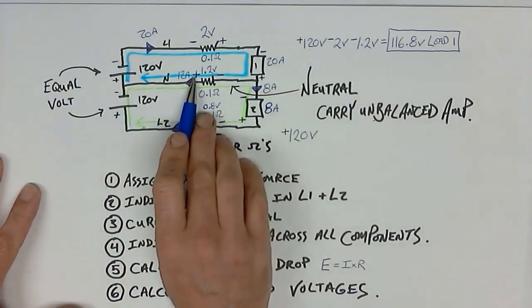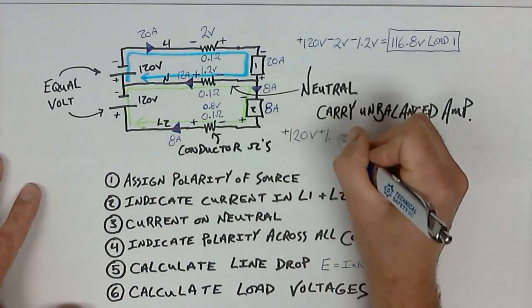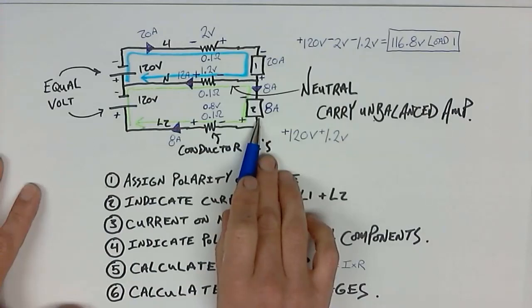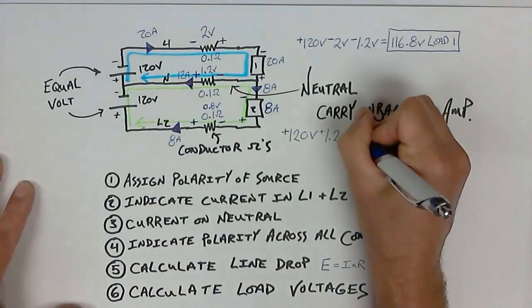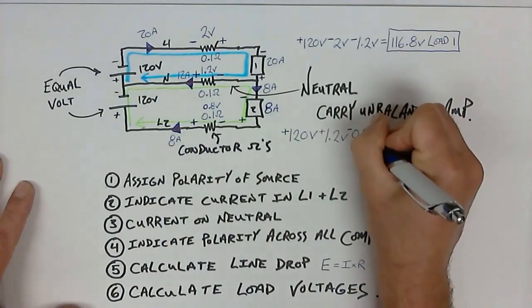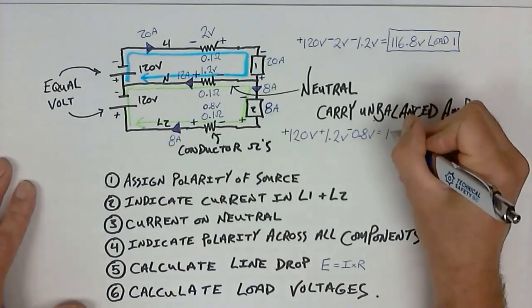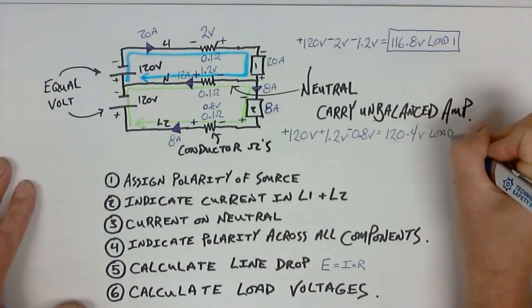First polarity I encounter is positive 1.2. I come along the back side here. I don't know this load yet. We're trying to calculate it, but down here, minus 0.8. So 120 volts plus 1.2 minus 0.8 gives me 120.4 volts, and that would be load 2.